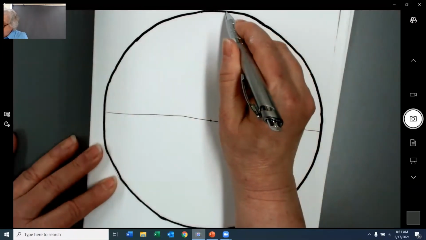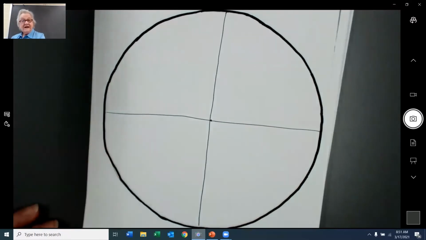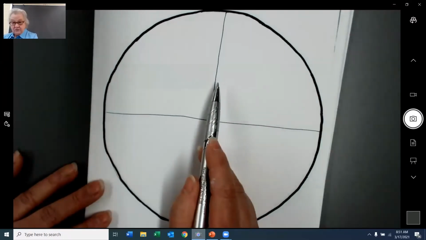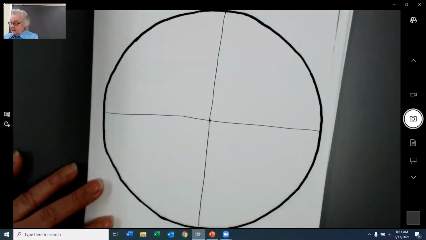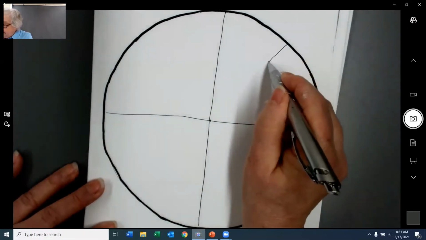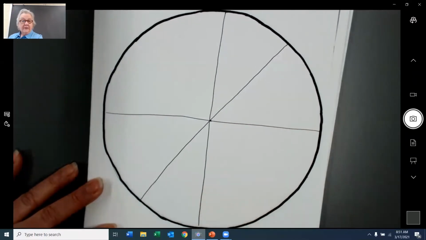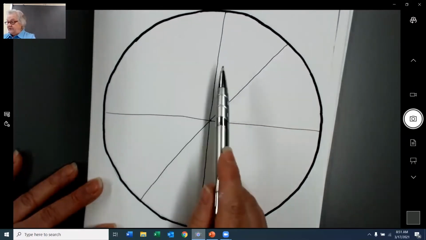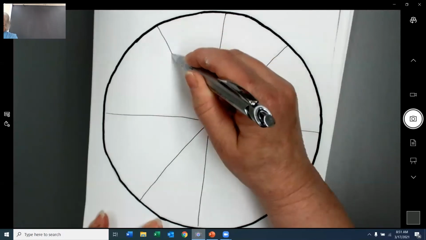And now I'm going to be quite deliberate about my next chord. So now I have two chords, and now I have four regions, 1, 2, 3, 4. And now I'm going to try another chord. Again, I'm being pretty deliberate here. So now I've got three chords. How many regions do I have? 1, 2, 3, 4, 5, 6. Three chords, 6 regions. How about another chord?